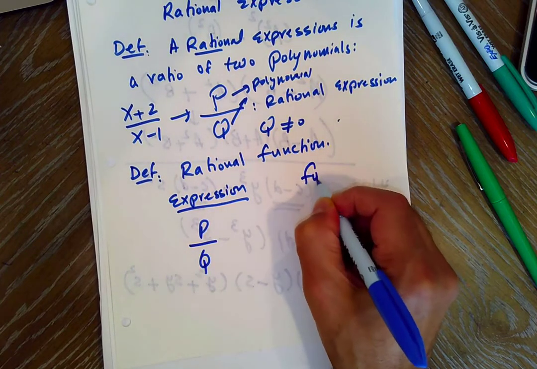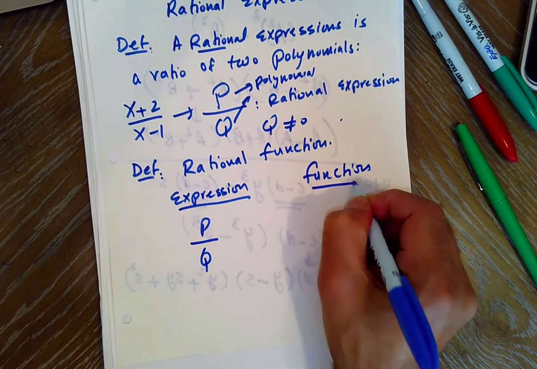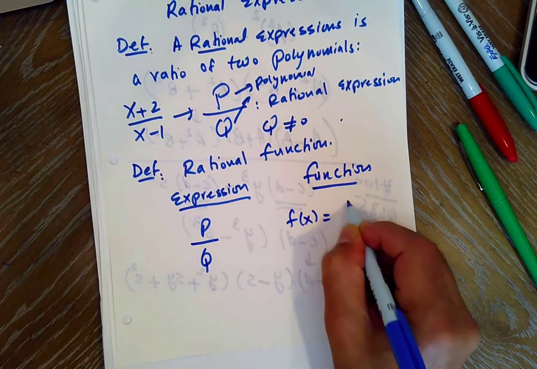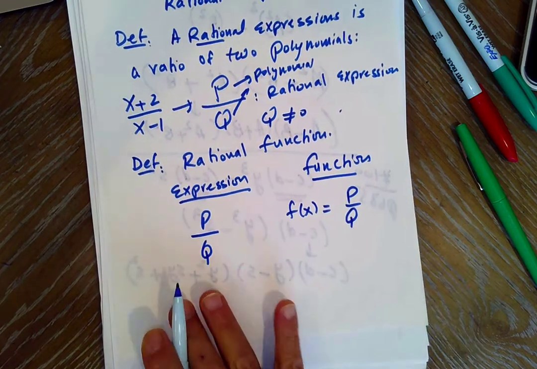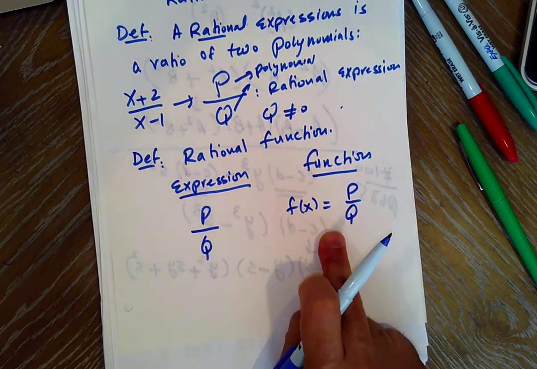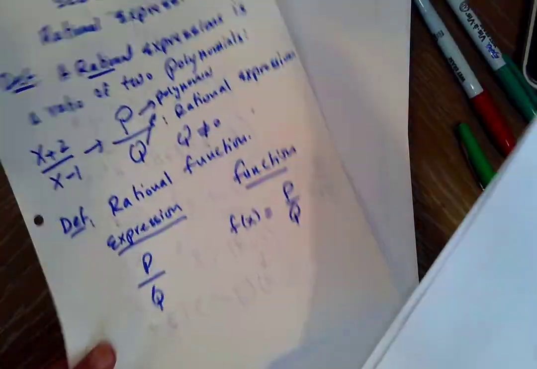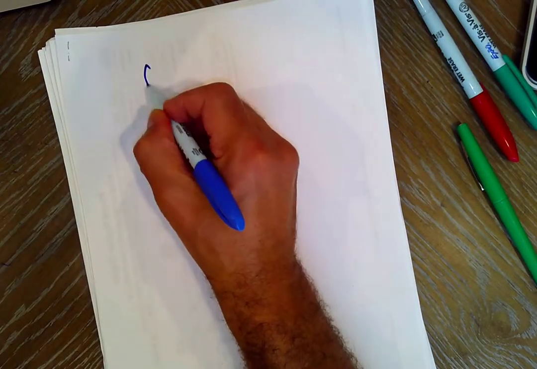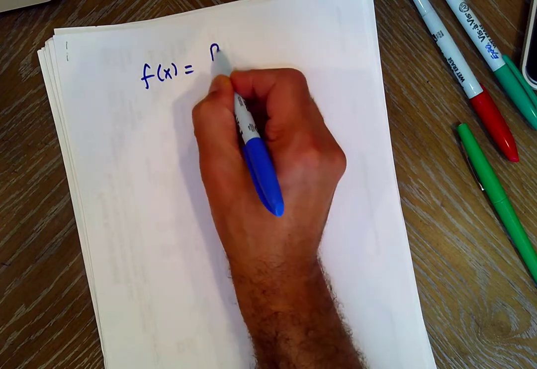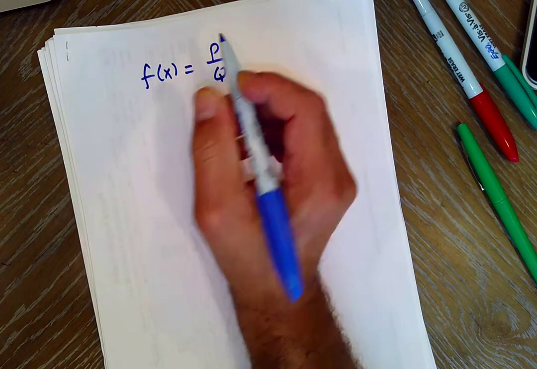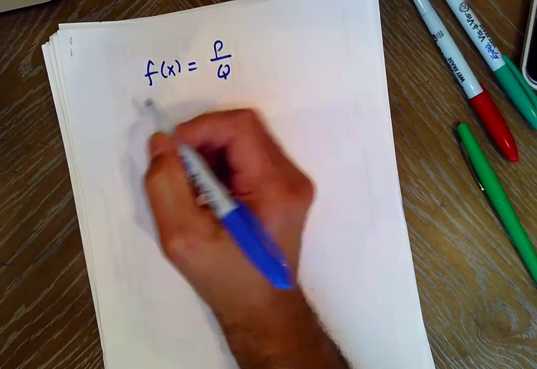If we have a rational function, it's f of x equals p over q. Okay, expression, function. So when we say rational function, it's going to equal y or f of x. So the rational function f of x equals p over q. If you have that, it's a function.